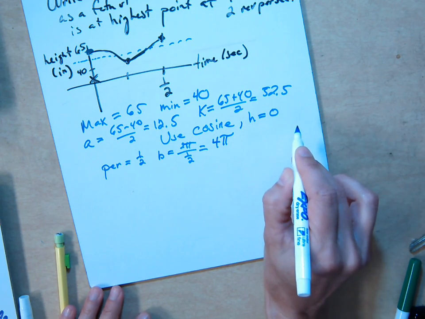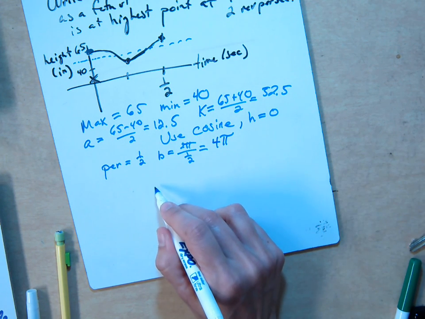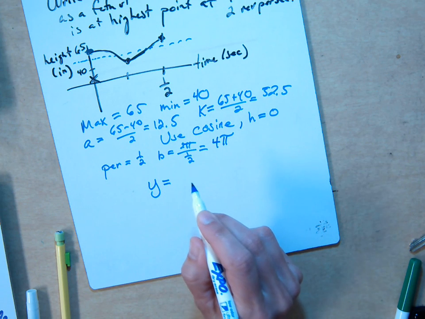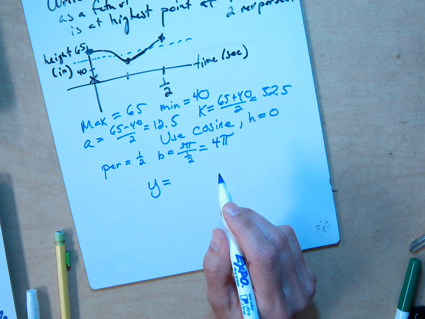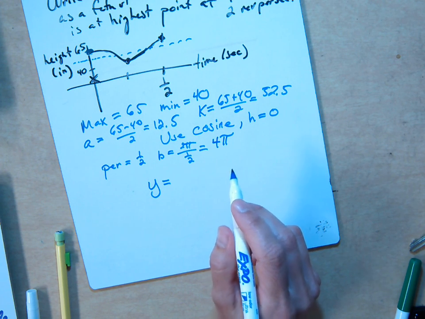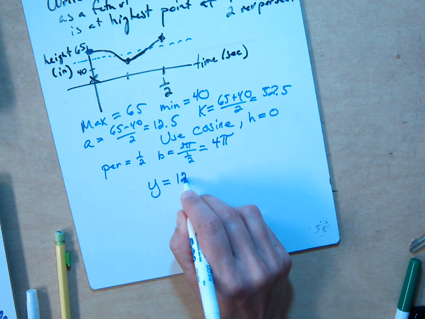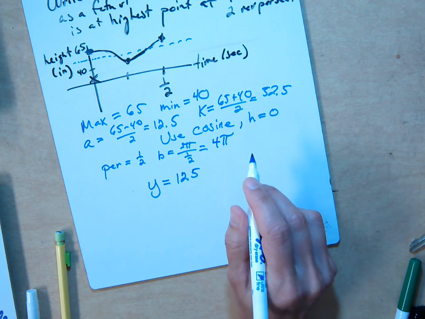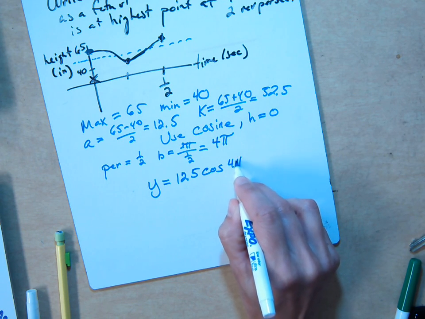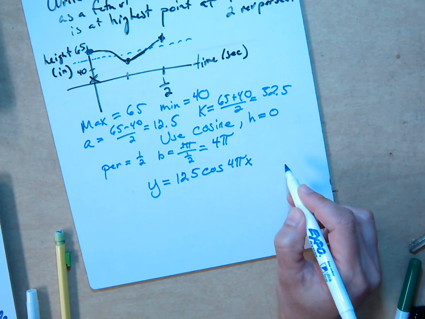We don't have a horizontal shift, and we're ready for our final answer. We could use this equation to figure out any information we want. At any particular time we could figure out the height of the arm above the ground. So y equals A, which was 12.5, times cosine of B, 4 pi, x minus H, but there's no H, so x is just fine.